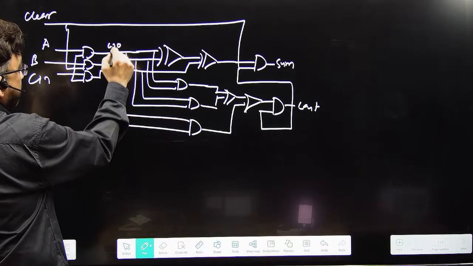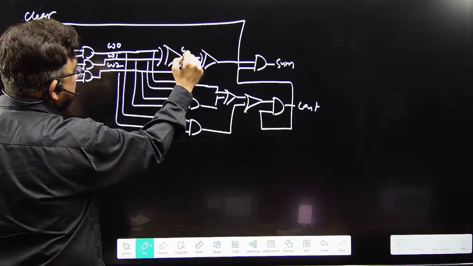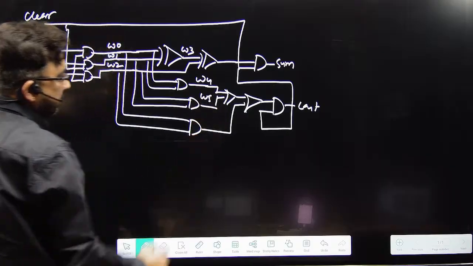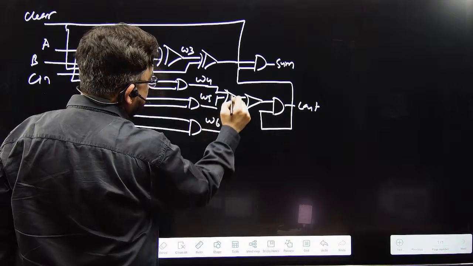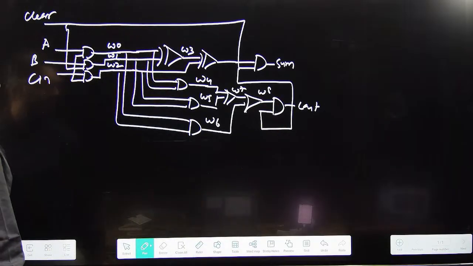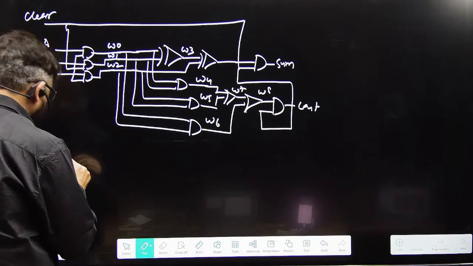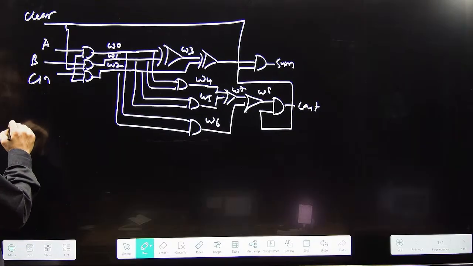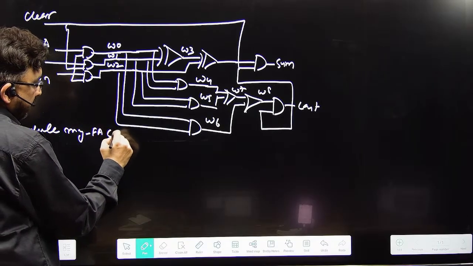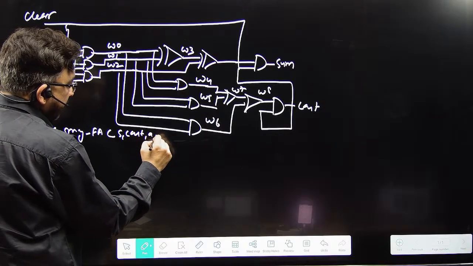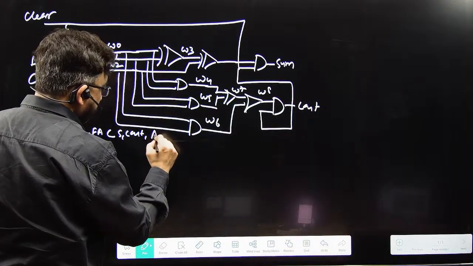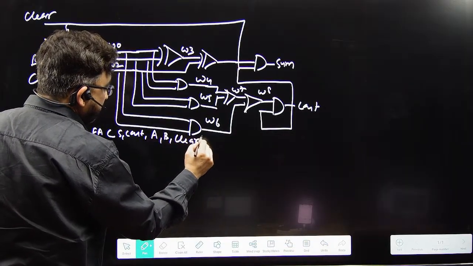Okay. So I'm just helping you to recall the others once again. So this is your wire W0, W1, W2, this is your W3, this is your W4, W5, okay, W6, W7, and this is your W8, okay. So you know the input outputs, right? Module my_FA, sum, C out, A, B, and clear, right?